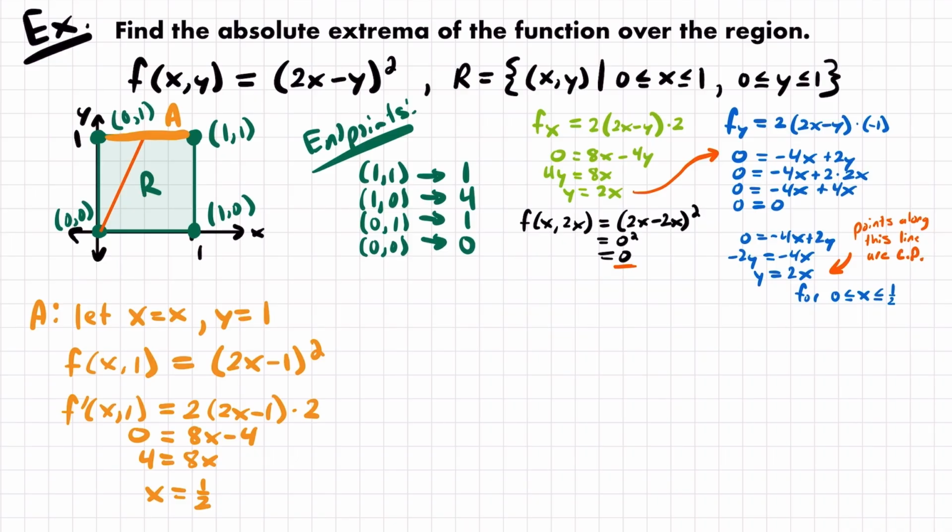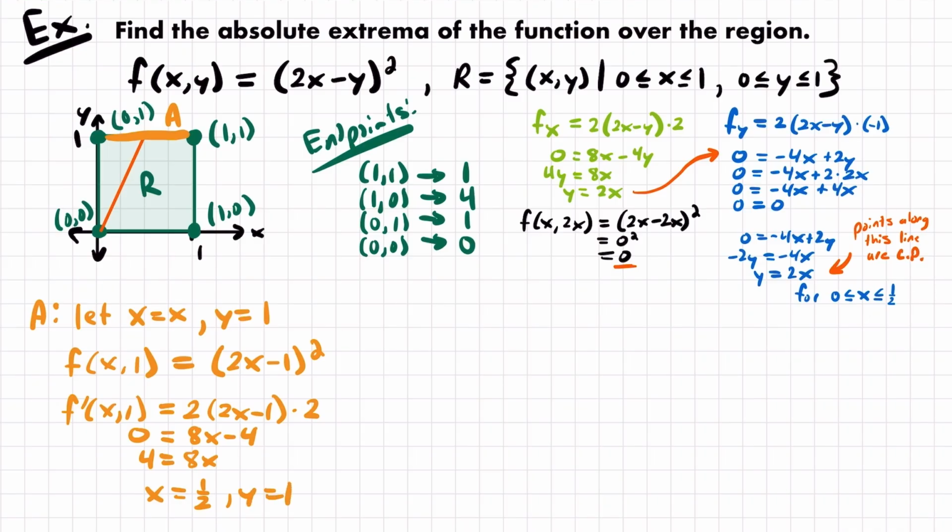So x equals 1/2 is the x coordinate of a critical point on this curve, or on this boundary, that would have the potential to be an absolute maximum or minimum. Now its corresponding y coordinate will be y equals 1 because for this curve, y is equal to 1. So any points along that curve will have that y coordinate. So x equals 1 half, y equals 1 is the critical point in question here.